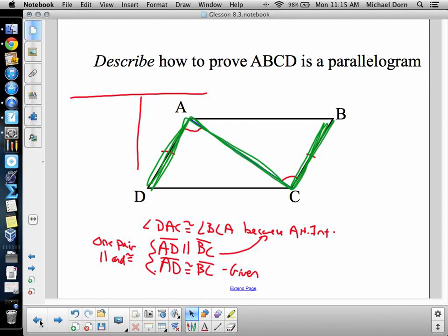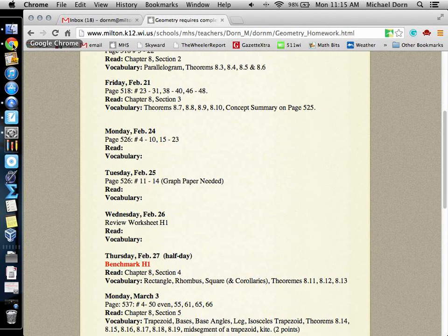Not so much for today. So, not too tough. 4 through 10, 15 through 23. Actually, just go through 21. Yeah, 22. Go through 22.